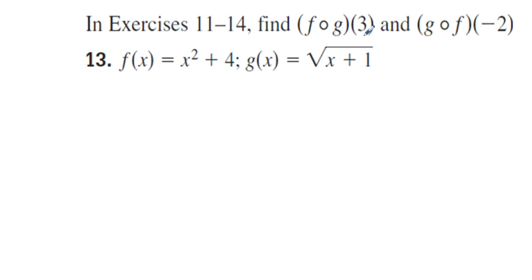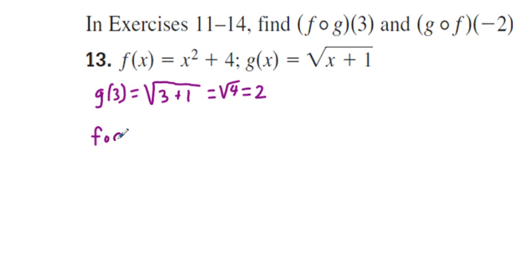We're going to find f of g of 3, and the first thing we're going to do to find that is find g of 3, and g of 3 is equal to the square root of quantity 3 plus 1, which is the square root of 4, which equals 2. And so we now know that f of g of 3 is equal to f of 2.